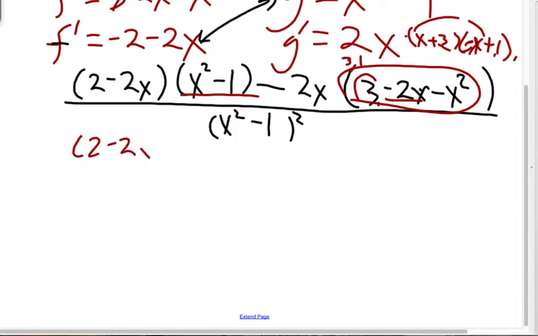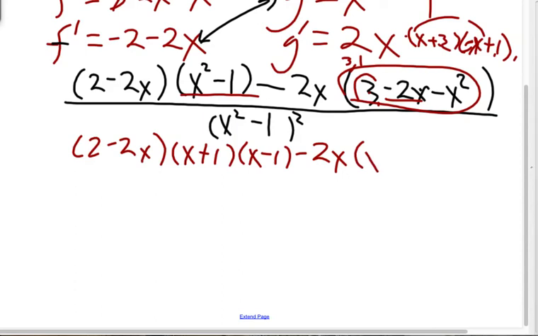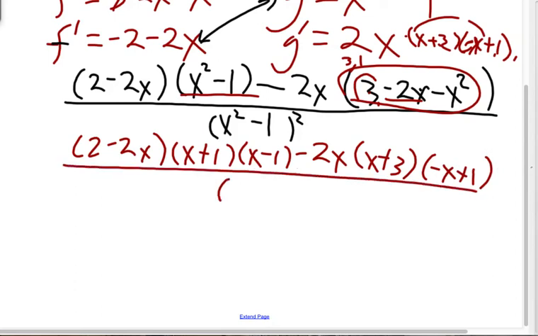Sometimes you do all of this and you don't get anything. (x plus 1)(x minus 1) minus 2x times (x plus 3), negative (x plus 1). All of this is going to be over (x squared minus 1) squared.